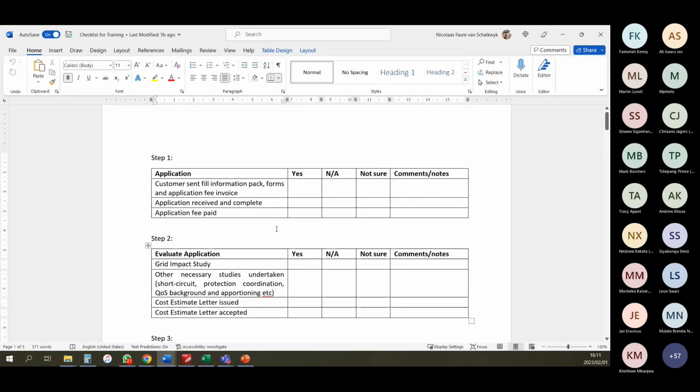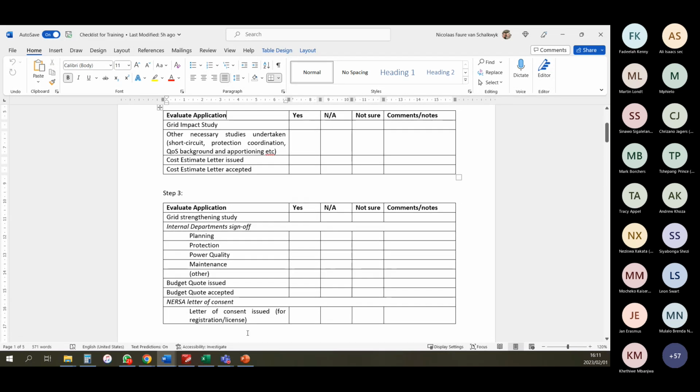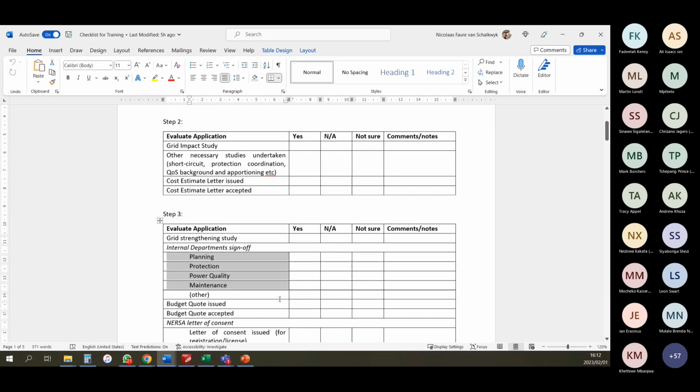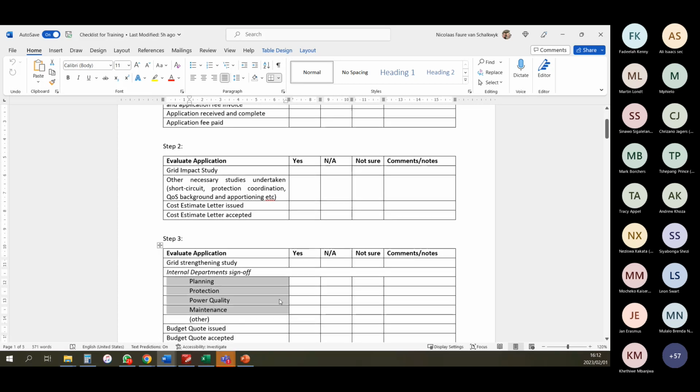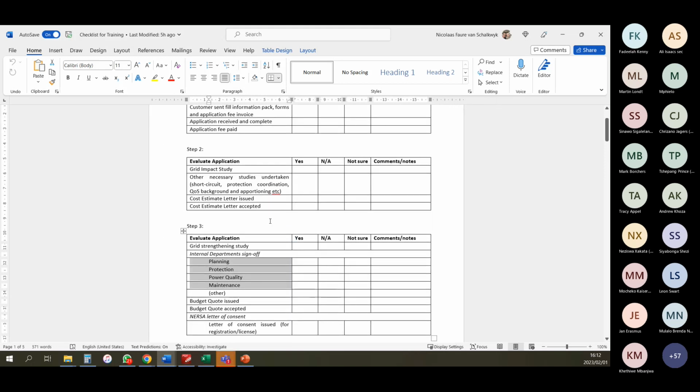So just so that we can see the steps together. So there are the steps. This is now this section here. Yeah, it would make sense to have it somewhere here, for you to issue the budget quote.